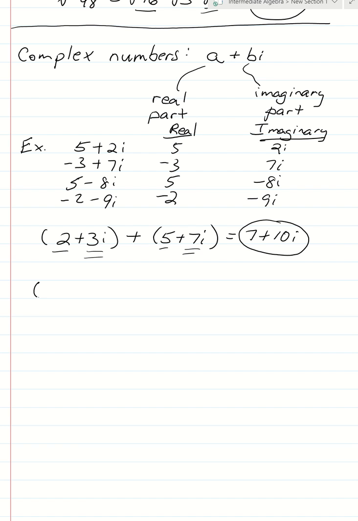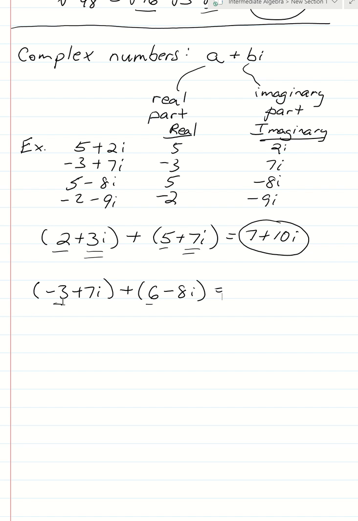And that would be the sum of those two complex numbers. Let's do another example. Let's say we take the negative 3 plus 7i, and we want to add to it, let's say, 6 minus 8i. We want to add these two complex numbers together. Once again, we're going to add the real parts.